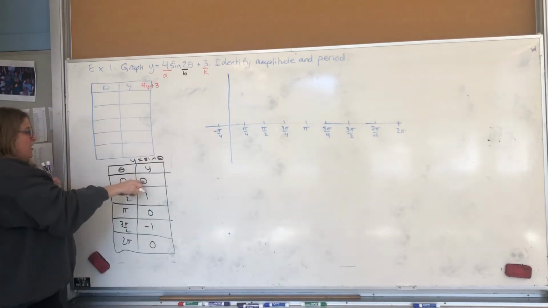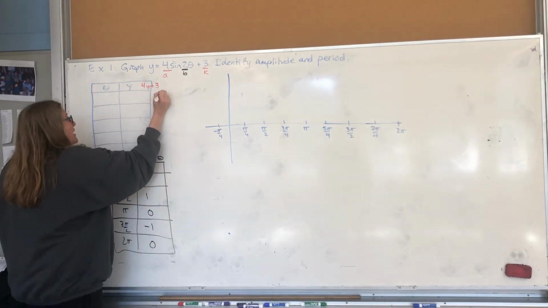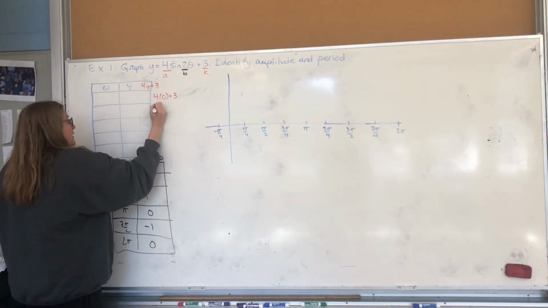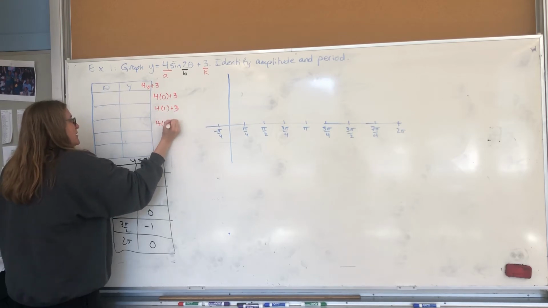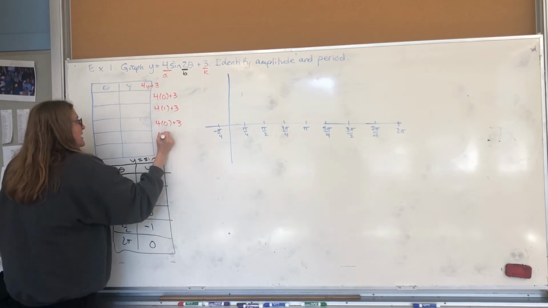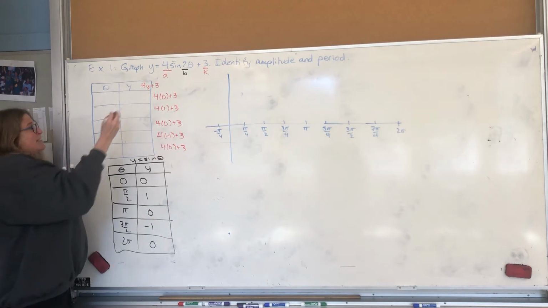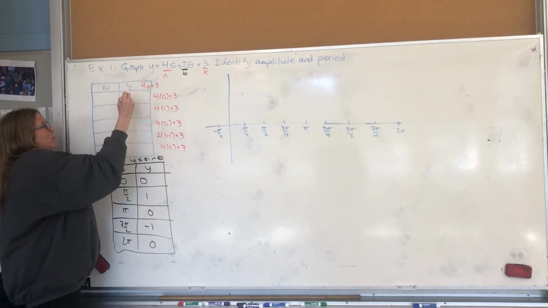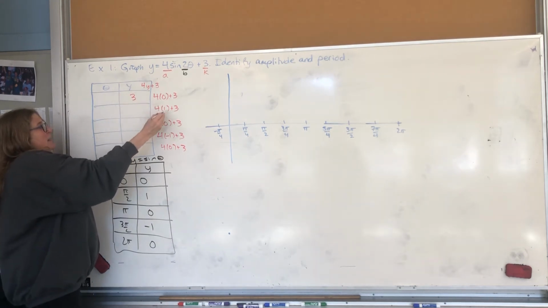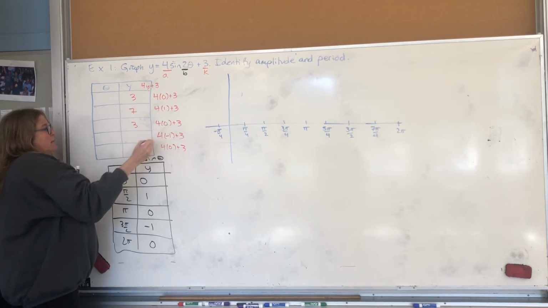So I'm going to take all these parent values: 4 times 0 plus 3, 4 times 1 plus 3, 4 times 0 plus 3, 4 times negative 1 plus 3, and 4 times 0 plus 3. That gives me 3, 4 times 1 plus 3 is 7, 3, negative 1, and 3.